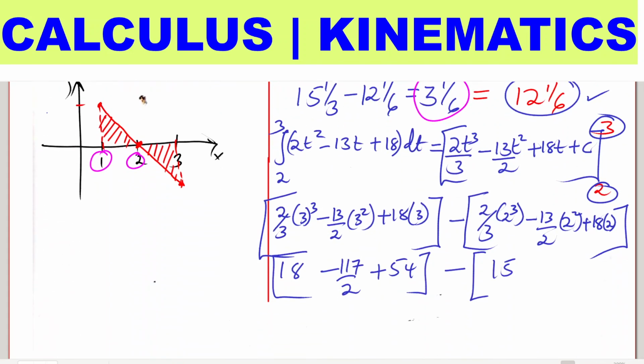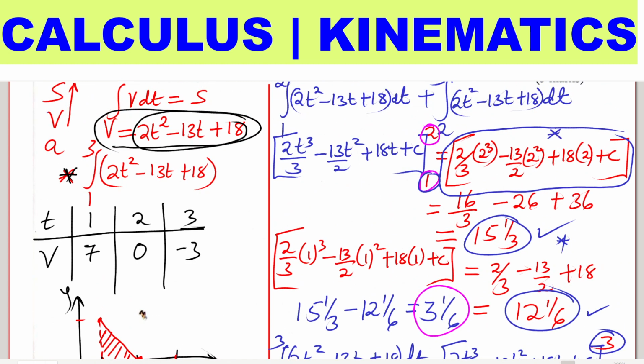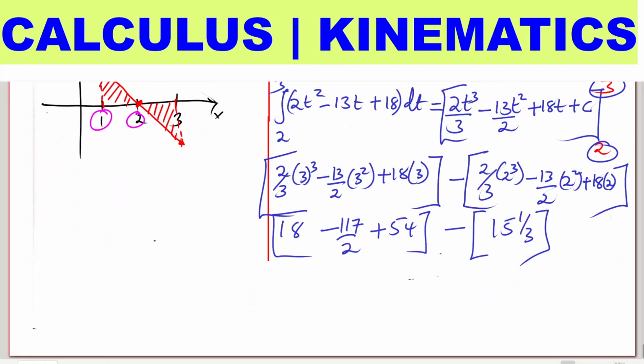So working out these, we shall have 18 minus 117 over 2 plus 54. These will give 27 over 2. And then subtract 15 and a third. And you notice this one will give you a negative. When you subtract these, you get negative 1 and 5 over 6.